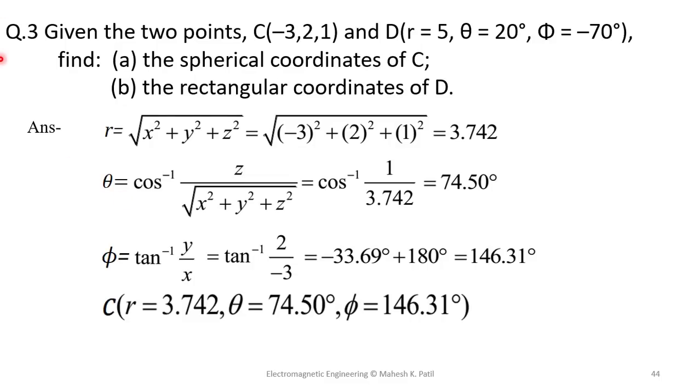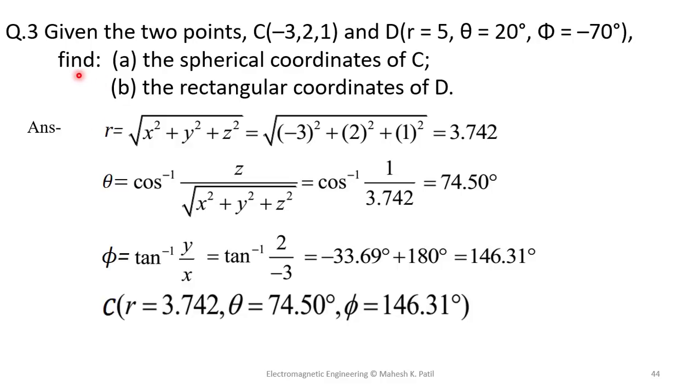Now we will consider the next problem. Here 2 points are given, point C and point D. You can observe point C is given in Cartesian coordinate system and point D is given in spherical coordinate system. So point C is having coordinates -3, 2, 1 and point D is having coordinates 5, 20 degree and -70 degree.